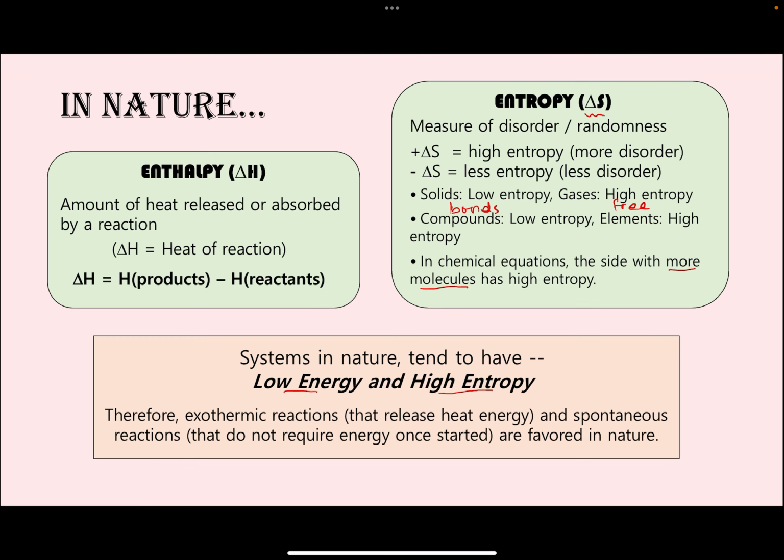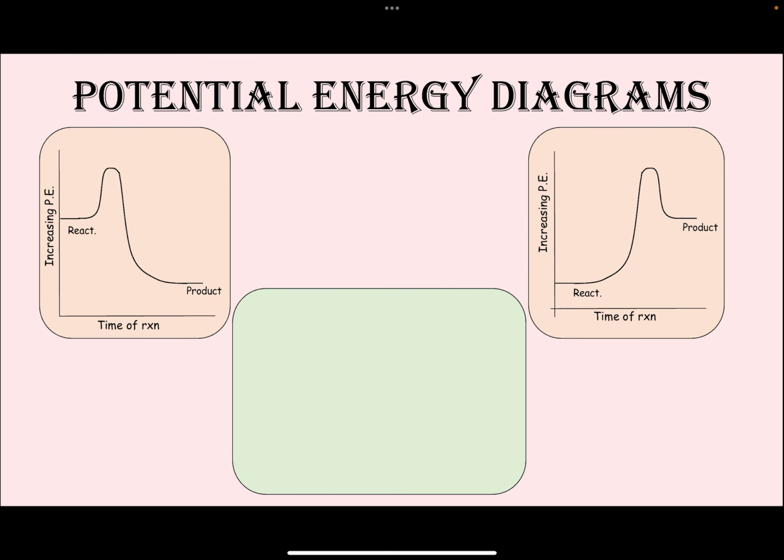So make sure we always remember this. Exothermic reactions, the ones that release heat, and spontaneous reactions, which are the ones that do not require a lot of energy to occur, those types of reactions are favored in nature, because again, they don't require that much work to happen.